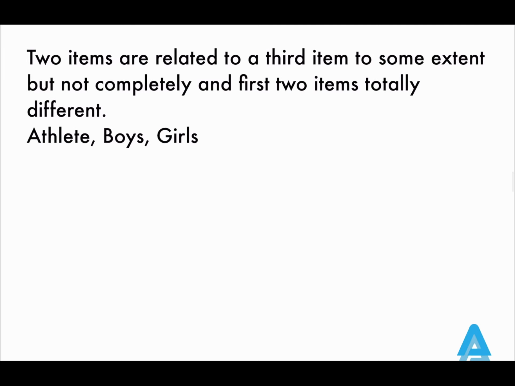Now, if two items are related to a third item to some extent but not completely, and the first two items are totally different. In our case, boys and girls are totally different. So boys here, girls here.